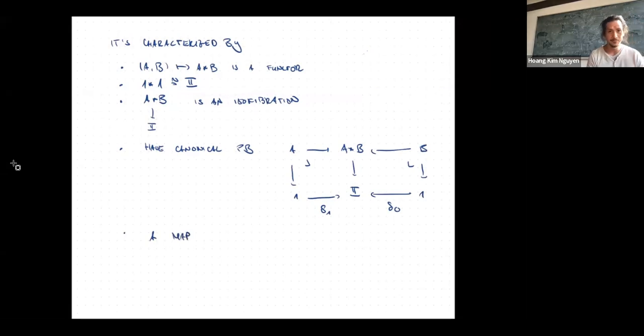So a map to the join is determined by an isofibration to the interval with two maps.